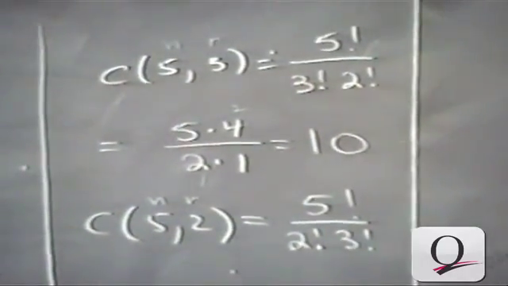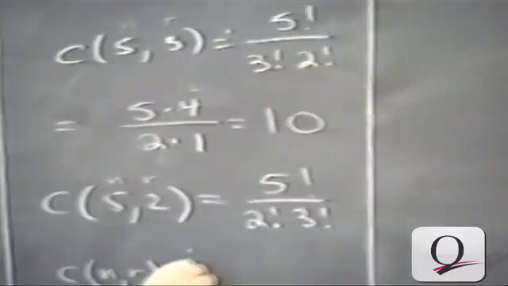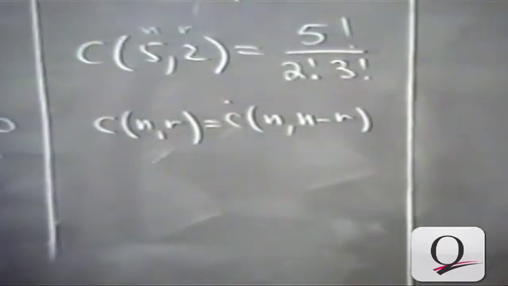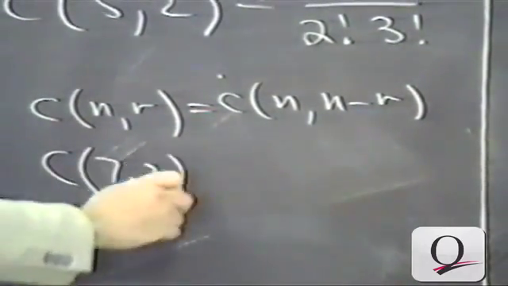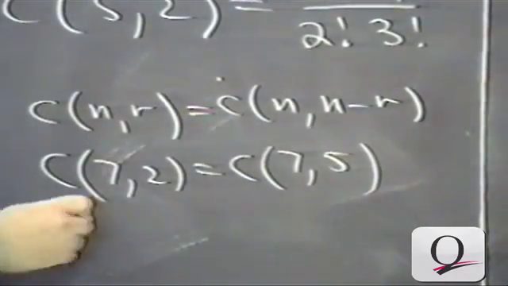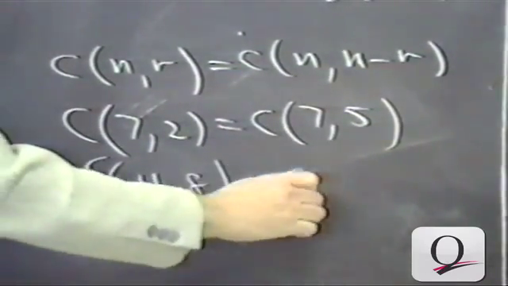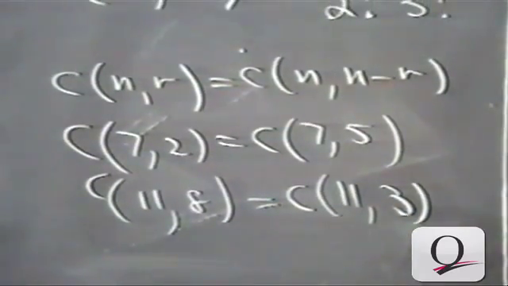In fact, this proves that C(n,r) is the same as C(n, n minus r). For example, C(7,2) is the same as C(7,5). C(11,8) is the same as C(11,3).